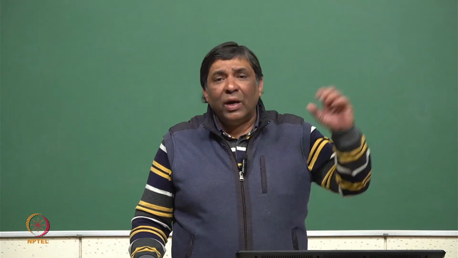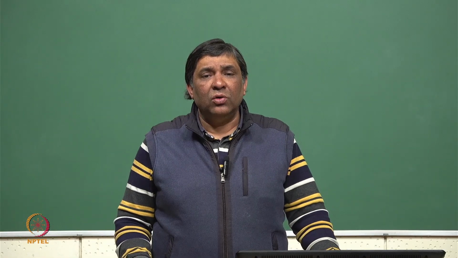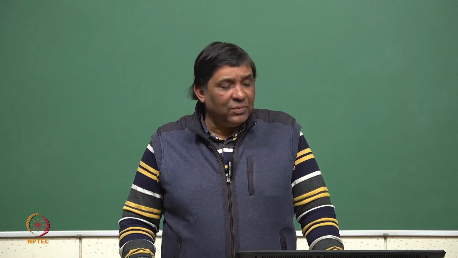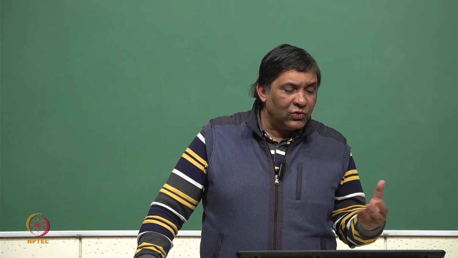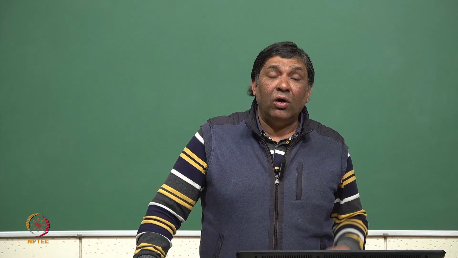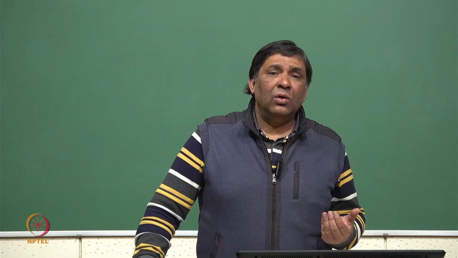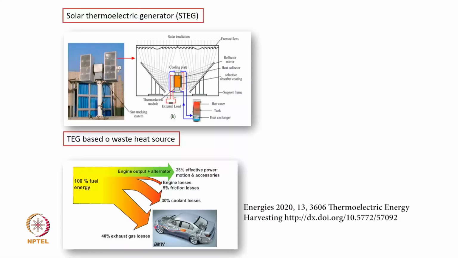In large scale devices, the thermoelectric generator is called a solar thermoelectric generator or STEG, where you can see this typical design, and this is the solar irradiation which is falling, and there are some reflecting mirrors, and then a heat collector here, and some selective absorber here, and this side also, this side also.